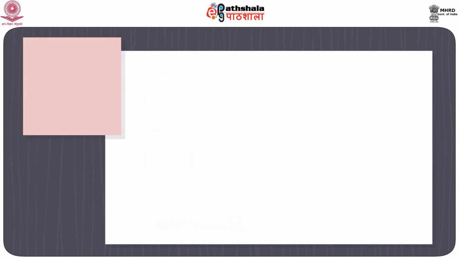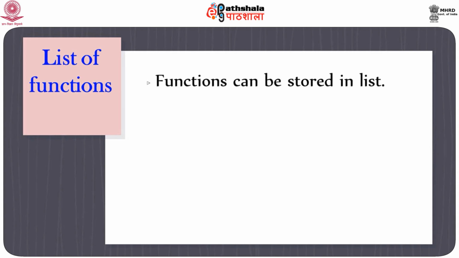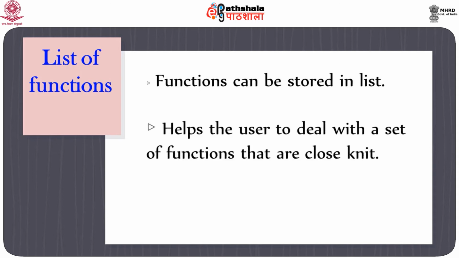Let us start getting the ideas of one of the most important components of functional programming, which is called list of functions. The idea of list of functions in R is that, like any other kind of R object, functions can be stored in a list. This is the idea. So, how does it help? It actually helps us to work with a group of related functions.